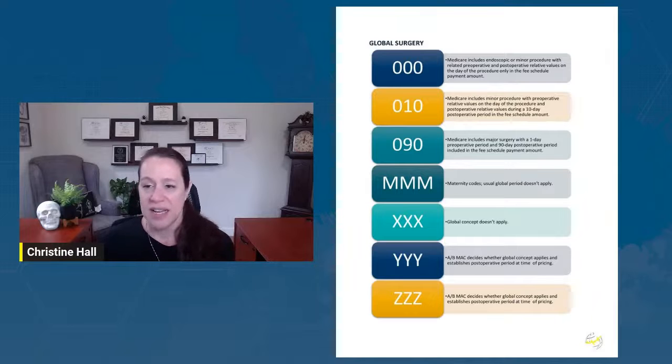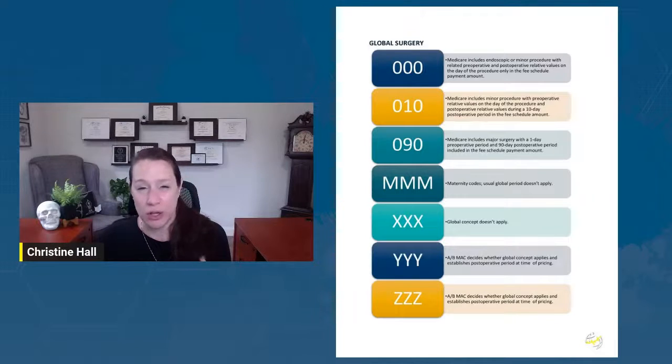Now, the next one is our 10-day global period. And remember that 10-day global period means that it's today plus the next 10 days. And they said that those are usually those minor procedures where if something were to go wrong, or to validate that everything went right, we would need to see that patient within those 10 days to be able to make that determination.